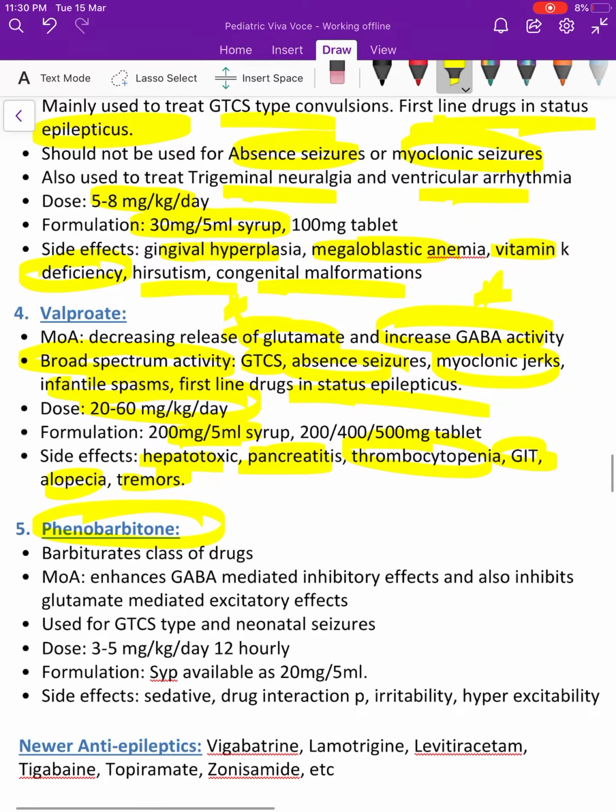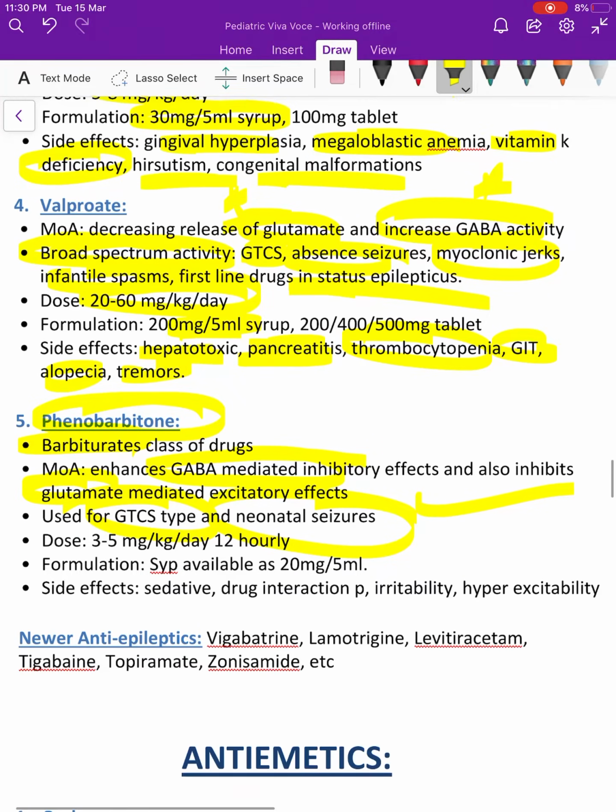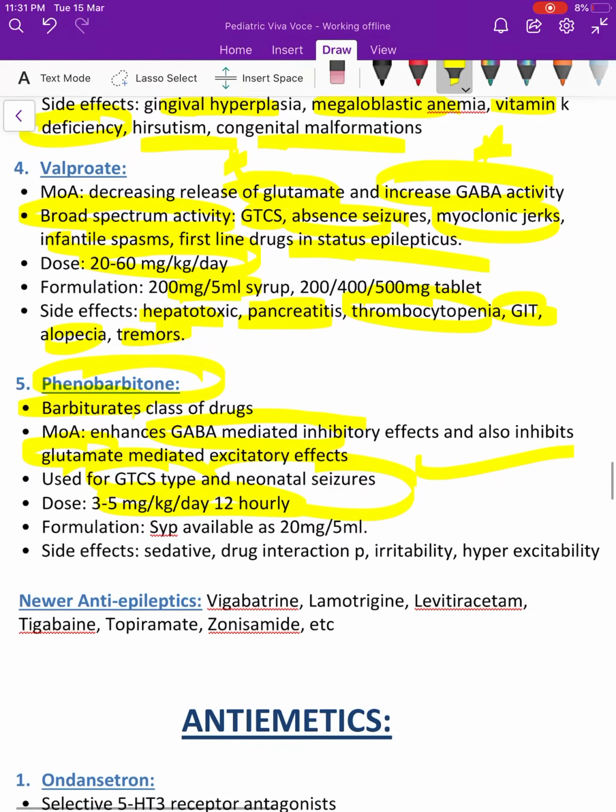Coming to phenobarbital, it belongs to the barbiturate class of drugs. Mechanism: it enhances GABA mediated inhibitory effects and also inhibits glutamate mediated excitatory effects. It is used mainly for GTCS type of convulsions and is the first line drug in case of neonatal seizures. Dosage is 3 to 5 mg per kg per day, 12th hourly. It is usually available as 20 mg per 5 ml syrup.